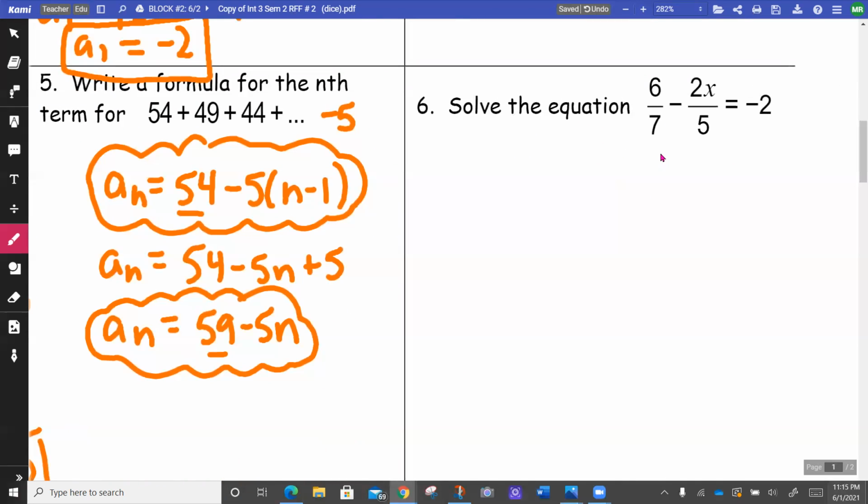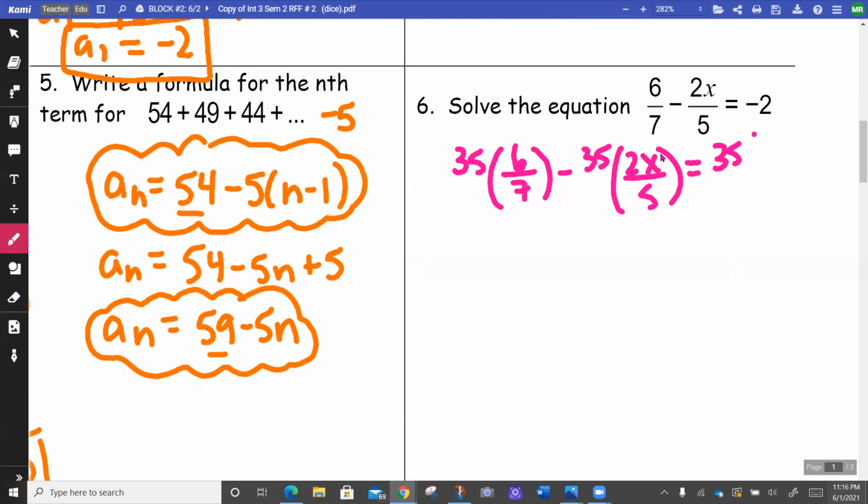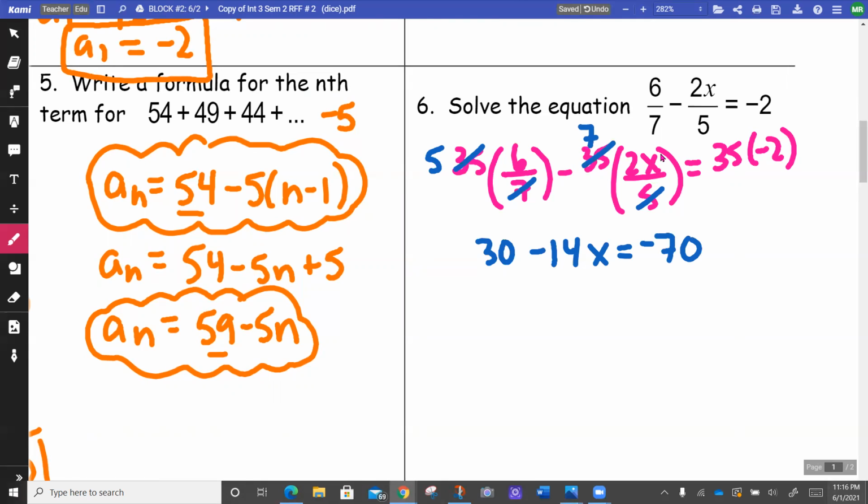So solving, we're going to clear the fractions. So I am going to multiply everything by 35. So 6 over 7 minus 2x over 5 equals -2, each multiplied by 35. Okay, so 7 goes into 35 five times, so I get a 30. 5 goes into 35 seven times, I get a -14x. And on the other side, I get a -70.